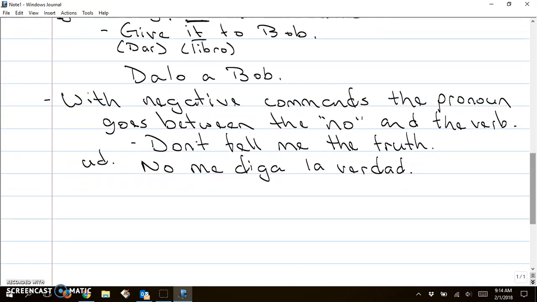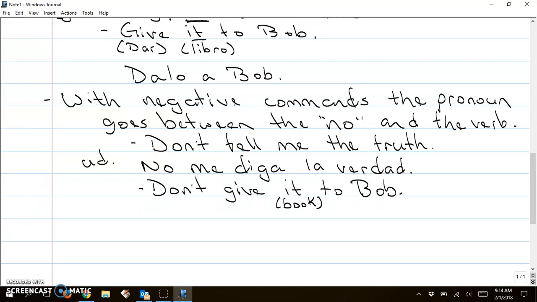Or a second one, don't give it to Bob, and we'll use book again. No lo da. Oops, I'm using the wrong command form.